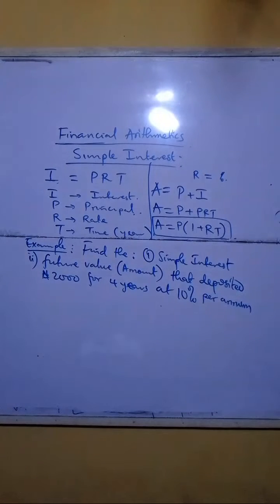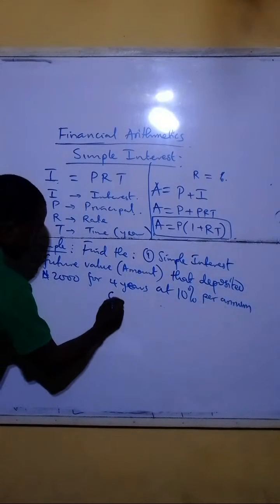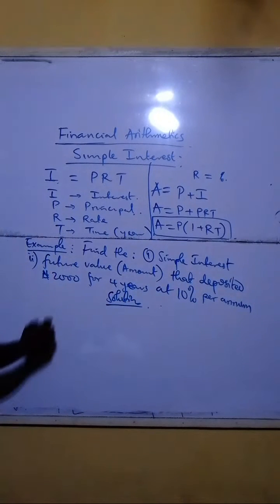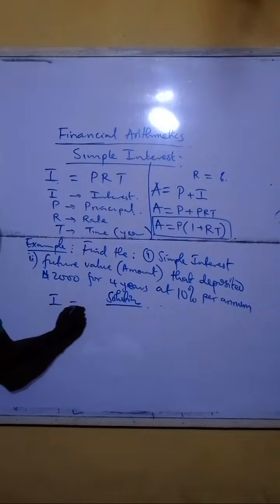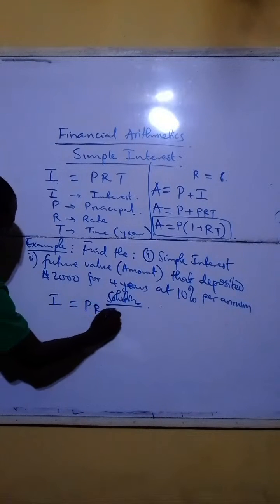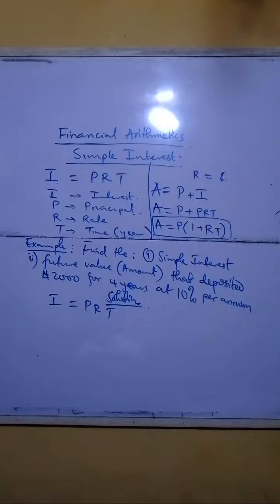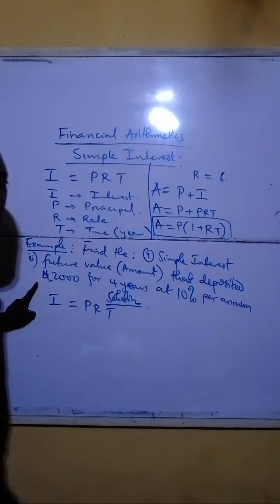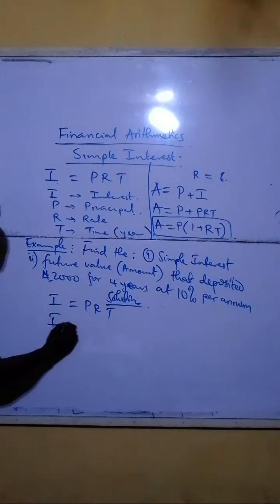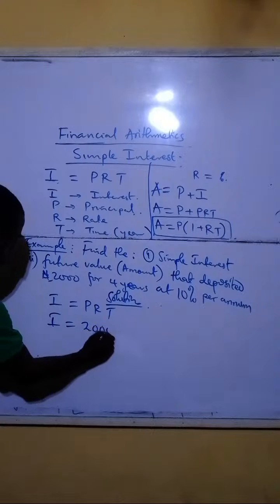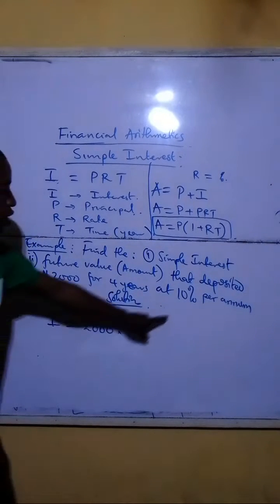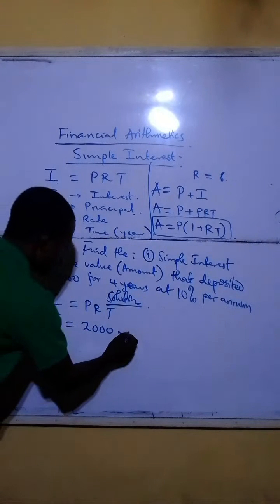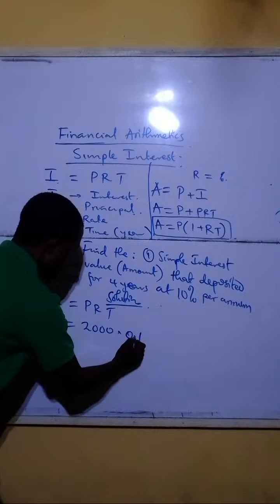Now back to this question. Solution here. From what we have, the first thing we are finding is interest, which is PRT, principal times rate times time. And from this question, the principal here is 2000. So I will now be equals to 2000 times the rate is 10%, that's 10 over 100, which is same thing as 0.1.